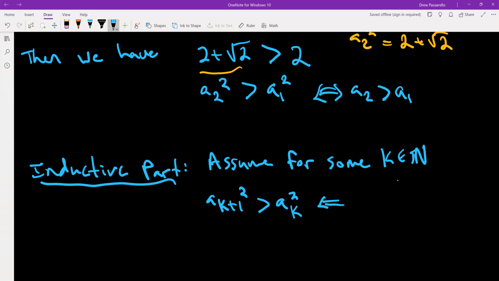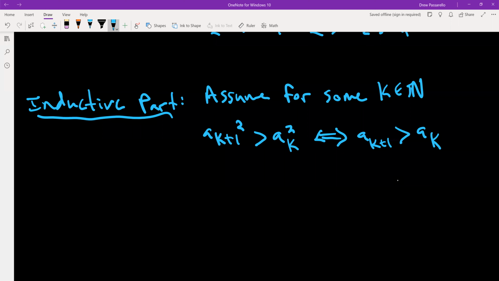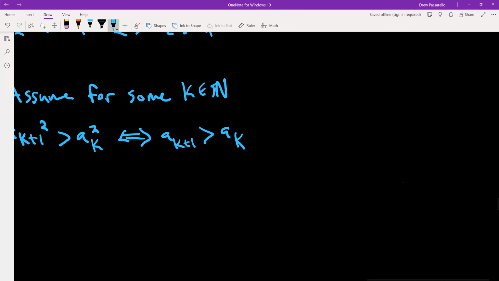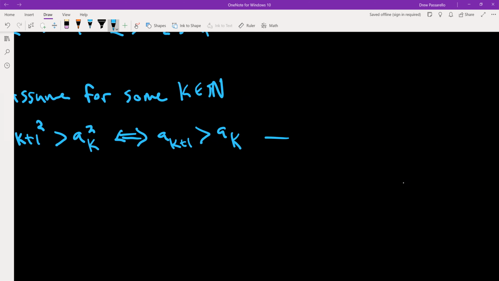And that's, again, if and only if a(k+1) is greater than ak. All right, so then using our inductive hypothesis, a(k+1) is greater than ak. Now, if we add 2 to both sides, then this will be 2 plus a(k+1) is greater than 2 plus ak.